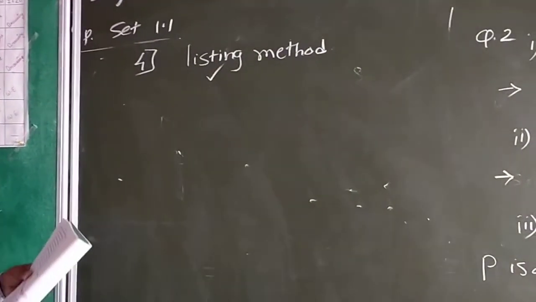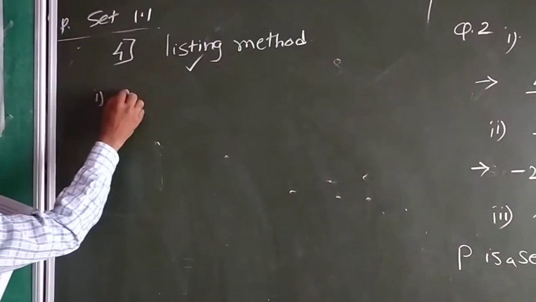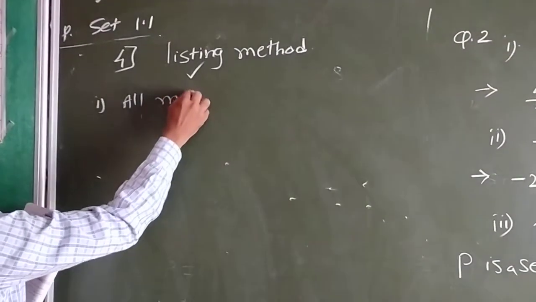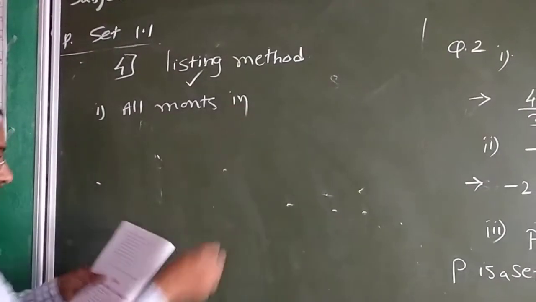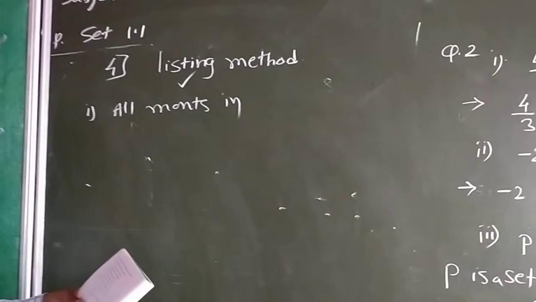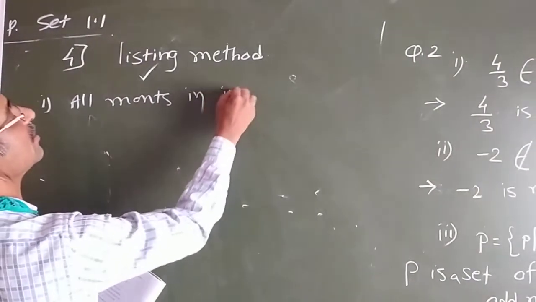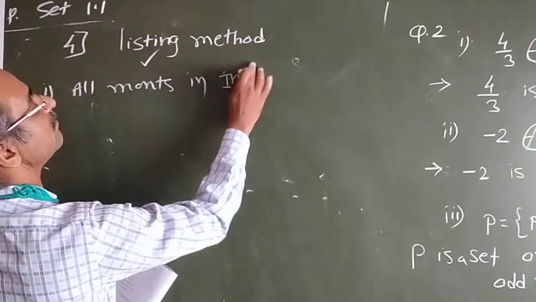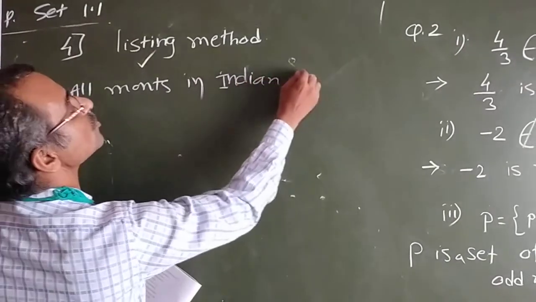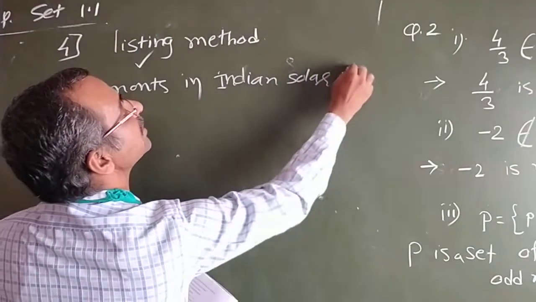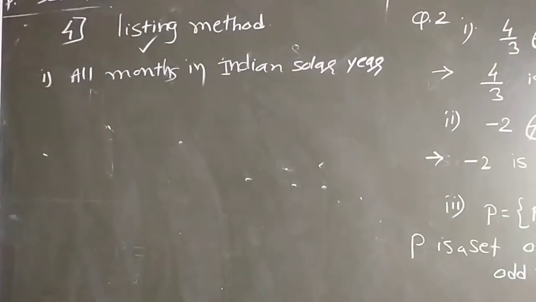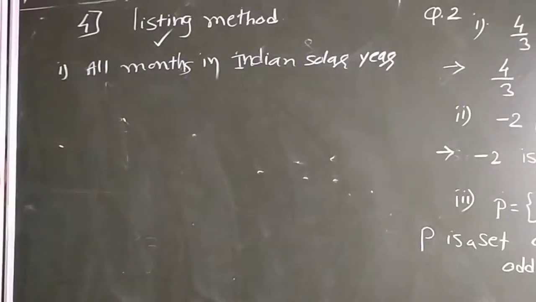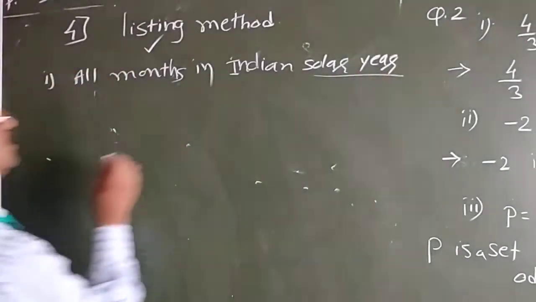First question, all months in the Indian solar year. January, February are international months, but in the solar year, which are they?